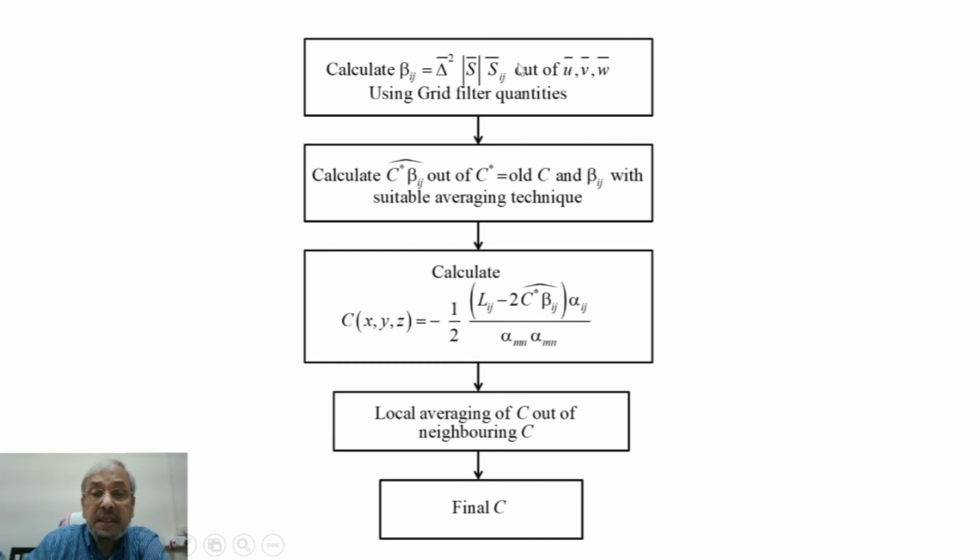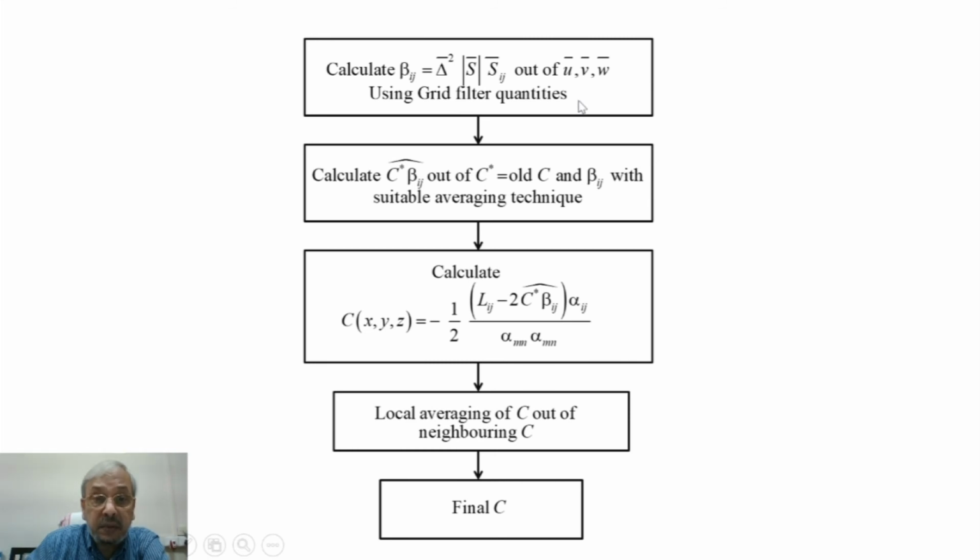Sij bar means half of del ui bar by del xj plus del uj bar by del xi. So basically it is the strain rate using the grid filtered velocities out of u bar, v bar, w bar.